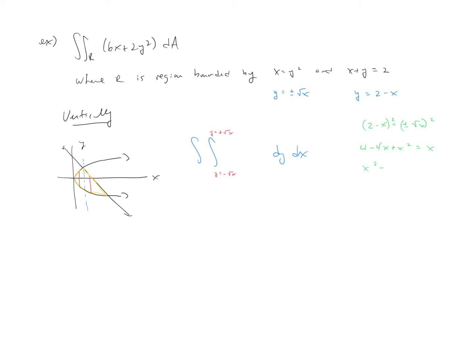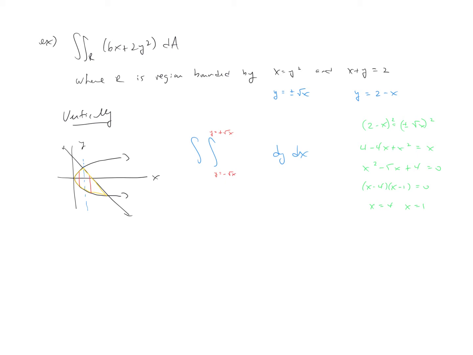That's going to be x squared minus 5x plus 4 when I move things around, which factors into x minus 4 and x minus 1. So we end up with x equals 4 and x equals 1. Both of those make sense. This is clearly going to be the 1 right here, and this is going to be our 4 that we'll need to use a little bit later.